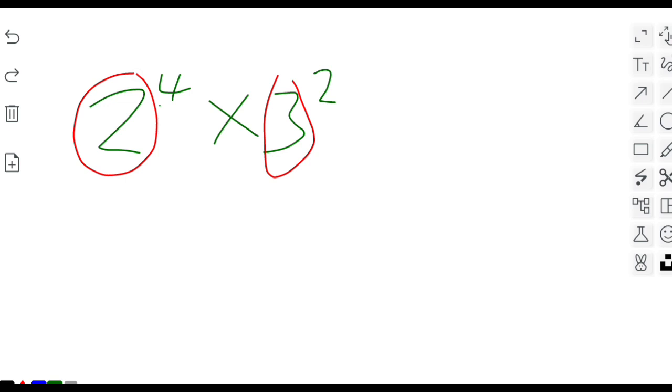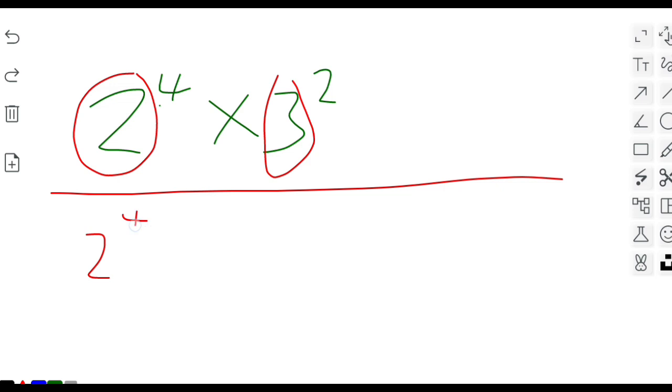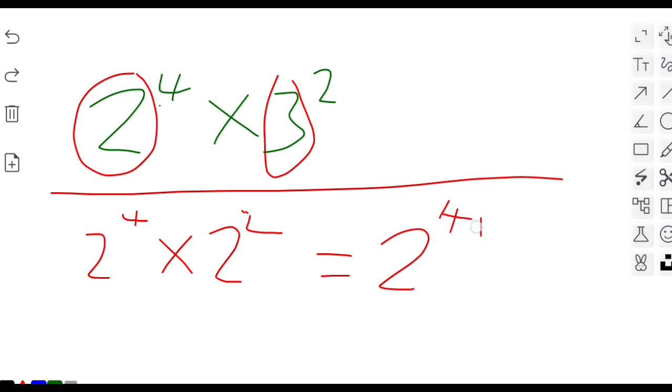But if I have 2 raised to the power of 4 times 2 raised to the power of 2, this implies that 2 will be raised to the power of 4 plus 2, and that will be 2 raised to the power of 6, leaving my answer in index form.